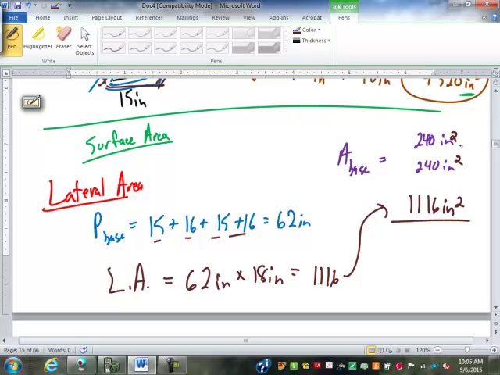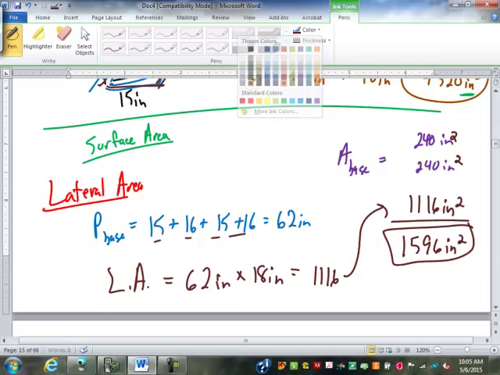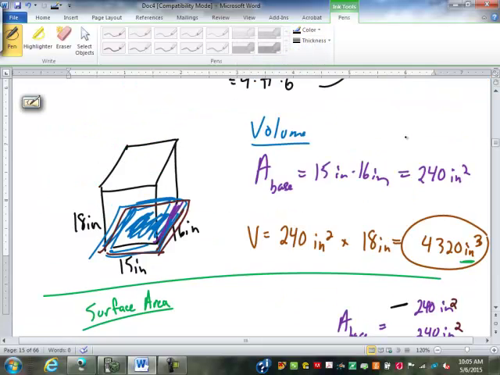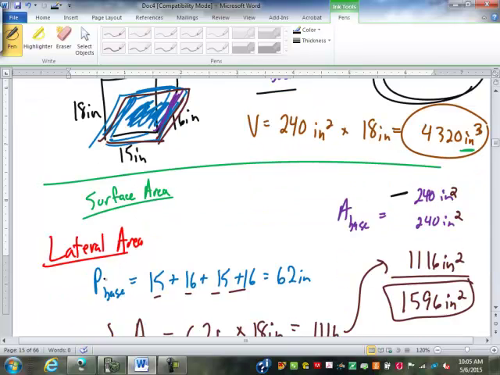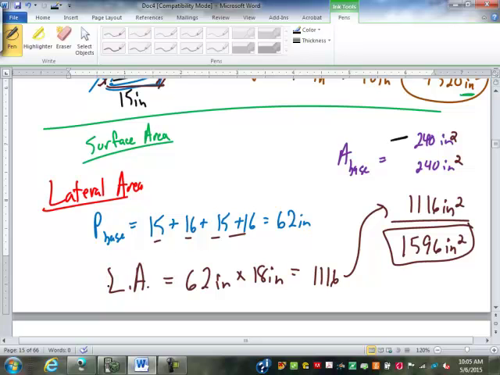The perimeter of the base times the height, which is 18. So now we've got that 1116 square inches plus the 240 and the 240. So this is 1596 square inches. Oh, wait, the 240 was the area? No. 240 was the area of the base from up here. Yep. So 1596 is our total surface area.